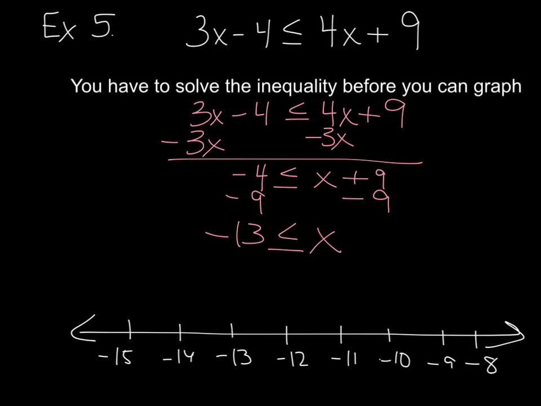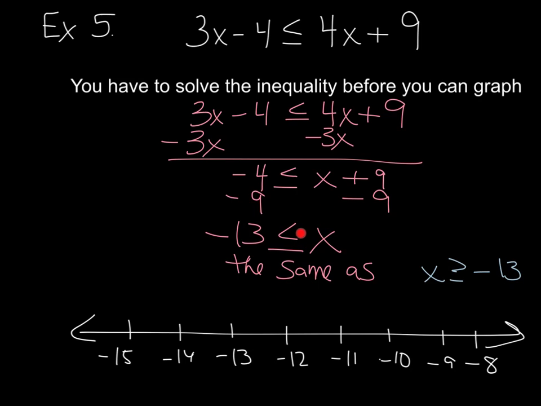Now, I use this example also for a reason. This is the same as x is greater than or equal to negative 13. Now, you might be saying, why is it the same thing? Because my x is on this side. If you look, you want to match how the open part is with the x.